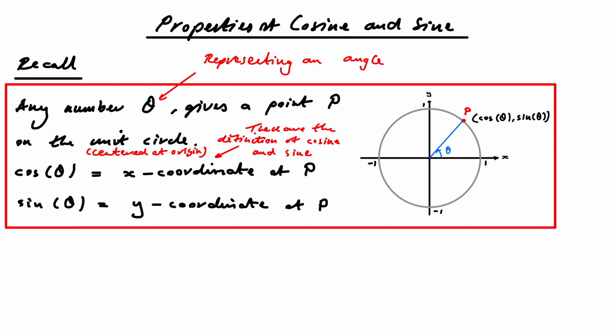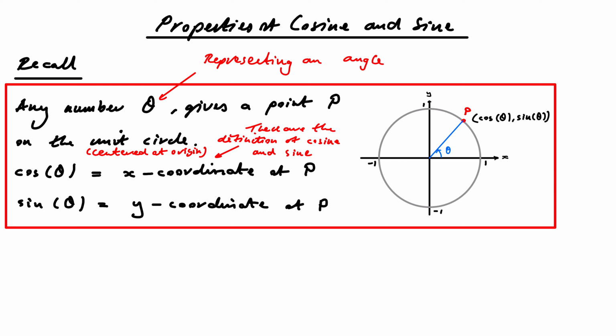Let's start off by recalling the definition of cosine and sine. If you take any number, theta, thought of as an angle, we know that represents some position on the unit circle centered at the origin in the xy plane.